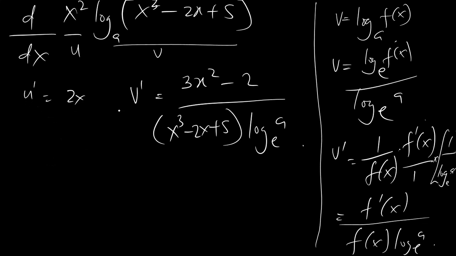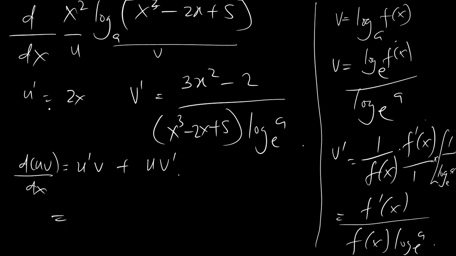So we have gotten our u and v. So applying the u prime v plus u v prime to solve this particular problem, you have our u to be this, v to be this.